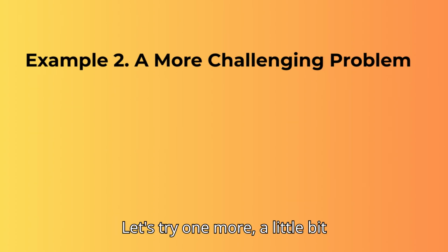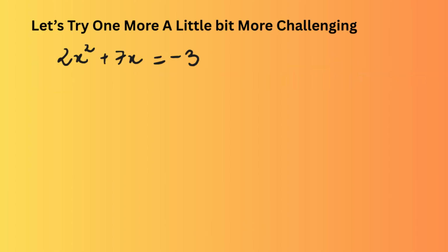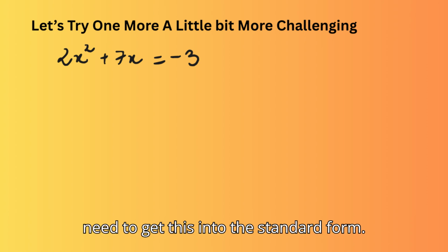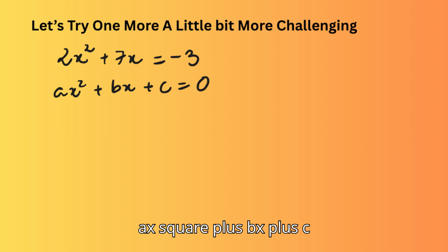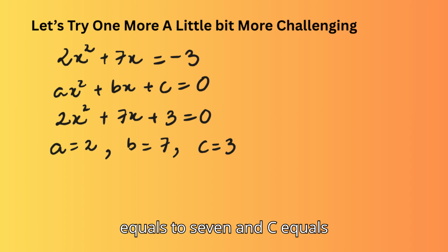Let's try one more, a little bit more challenging. 2x² + 7x = -3. First we need to get this into the standard form, ax² + bx + c = 0. Now a = 2, b = 7 and c = 3.